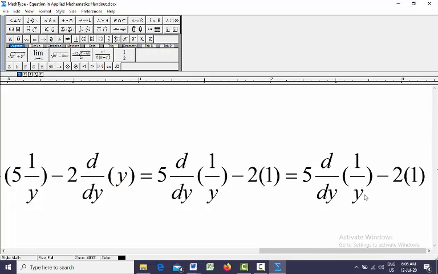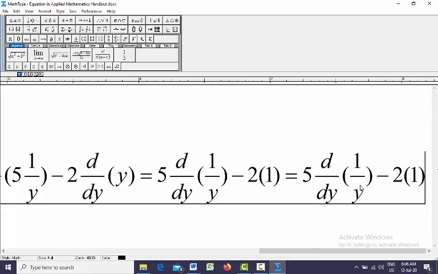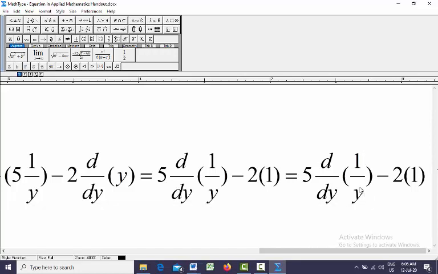Now here, whenever you see the variable in the denominator, you need to bring it up.